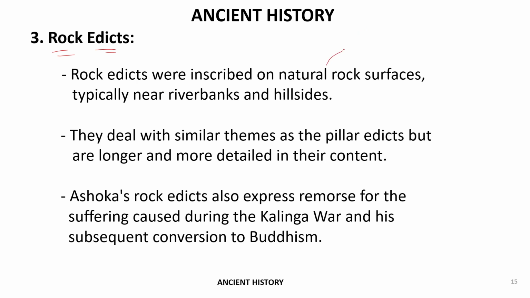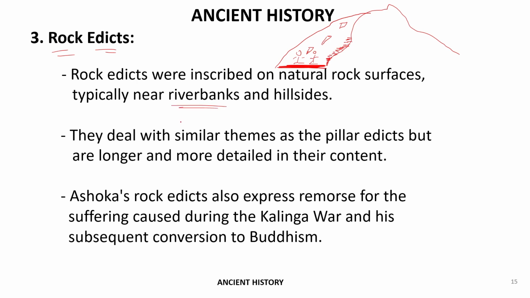Just suppose this is a hill and this is the road, and those are the people who are passing by it. So he generally inscribed the inscription on those areas. Whosoever will pass this road from the hillside will read this inscription and will get the teachings of these inscriptions.